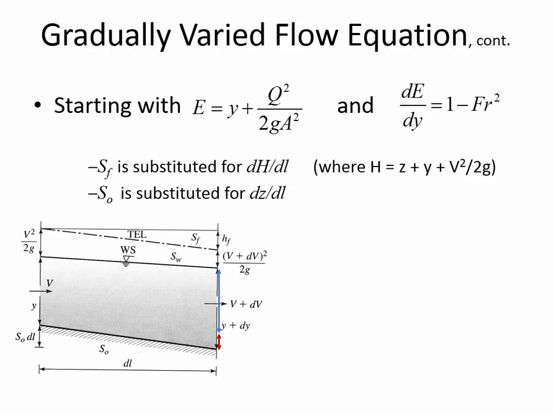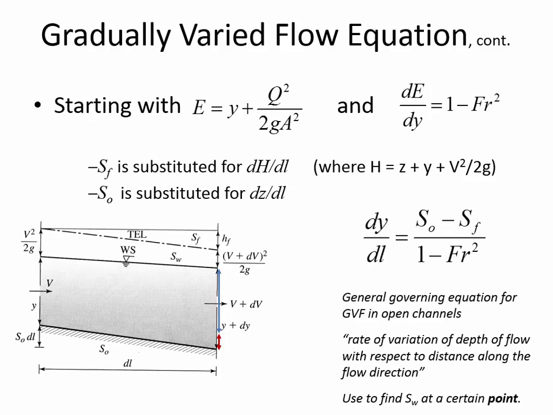And so E is only depth and velocity head, but H is depth, velocity head, and whatever elevation above the datum we've got, the z. And so here at 1, we've got some z. It's the S naught times dl. So let's substitute this for dH/dl and substitute the slope of the channel bed for dz/dl.